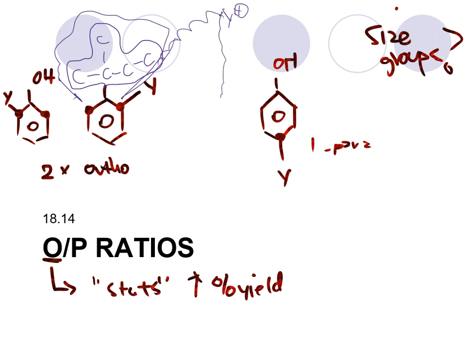If it doesn't want me at the ortho position, I'm going to go somewhere where it's easy to attack, and bing, it's right there. It's at the para position instead. So if we have big, bulky groups, it really forces these reactions to give me para products. But if the groups are fairly small, nothing special about them, ortho will form higher because statistics tells me that there's a higher chance of it getting formed.